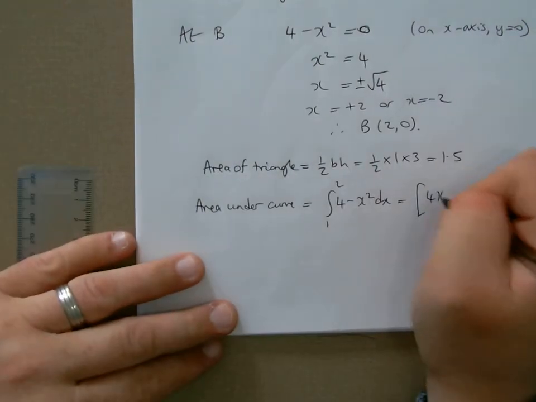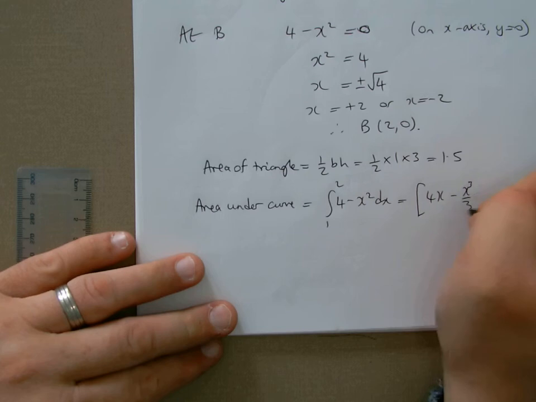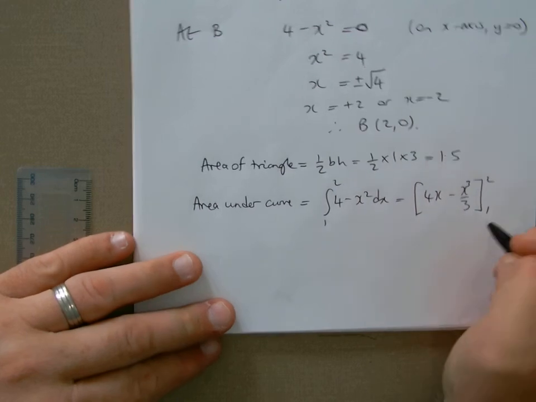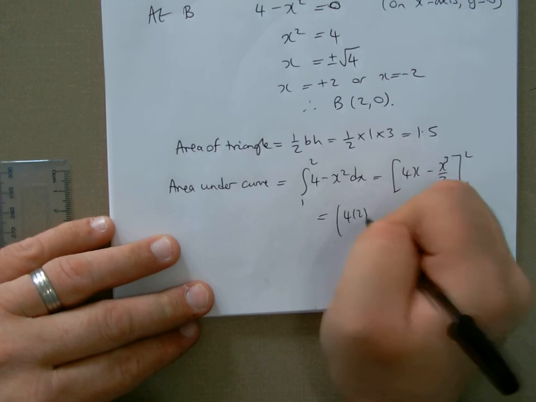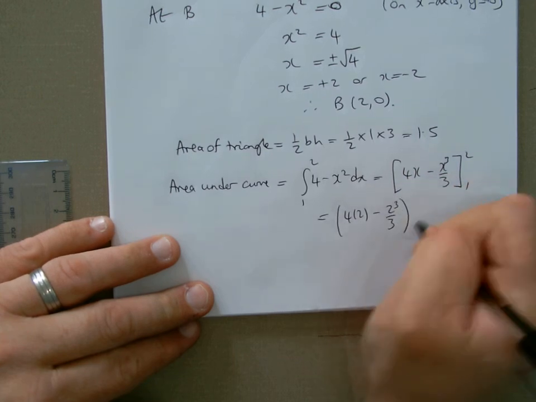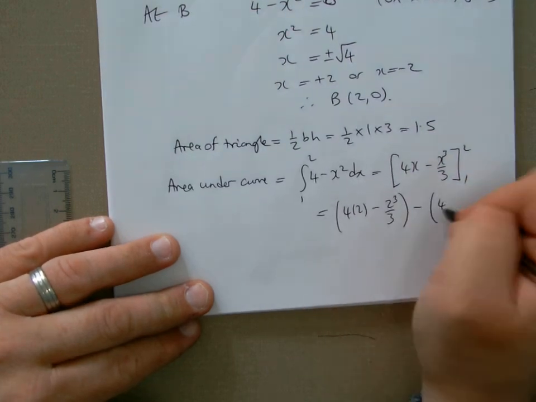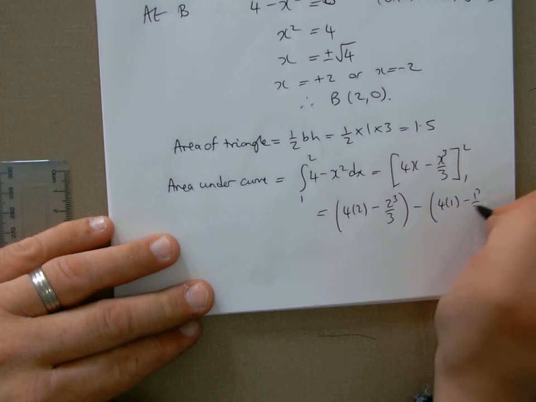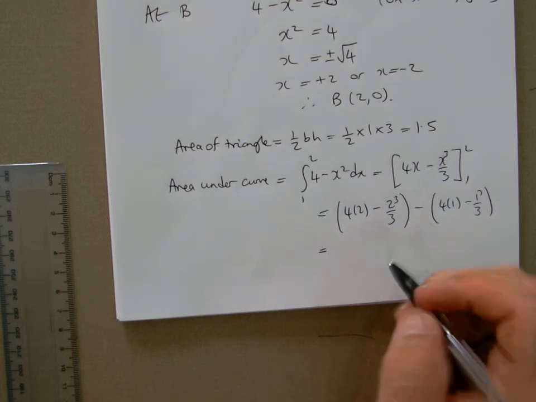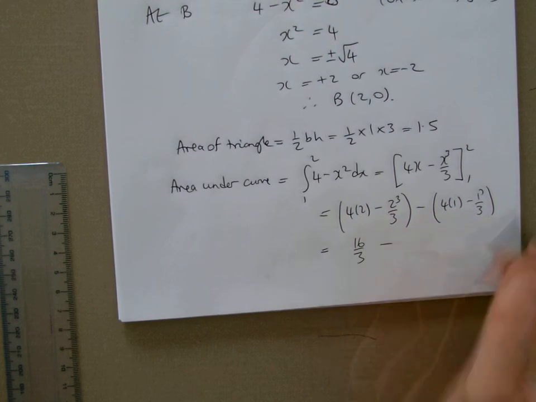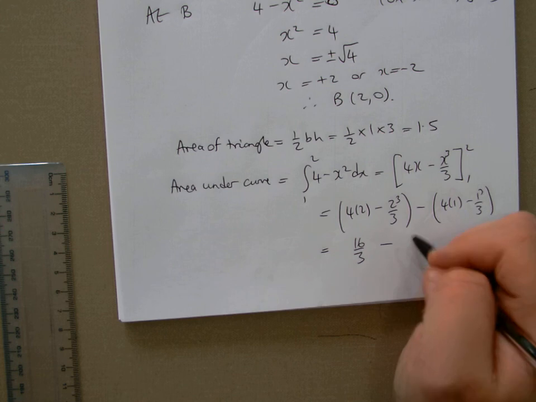So that becomes 4x, and then that becomes x cubed over 3. Plug in the numbers then between 2 and 1. So the upper limit is 2, and the lower limit, which we take away, is 1. So on my calculator, I work this out first, so I get 16 over 3, and I work that out then, and I get 11 over 3.